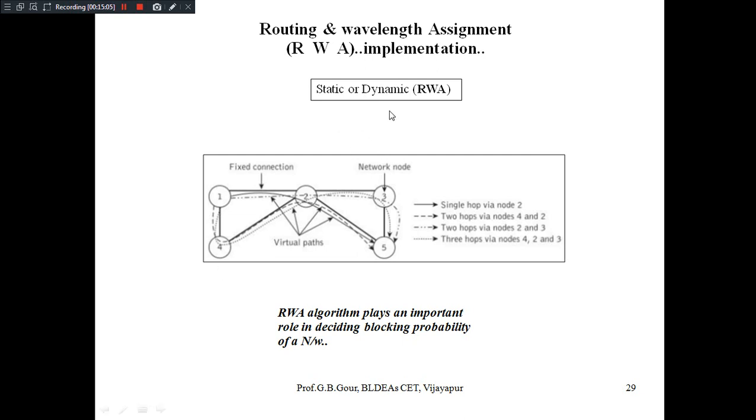So let us see what we mean by static RWA. In a static routing and wavelength assignment system, routing and wavelength assignment is totally static. Means the links are semi-permanently active. They are not permanently active. Listen here, students, carefully.